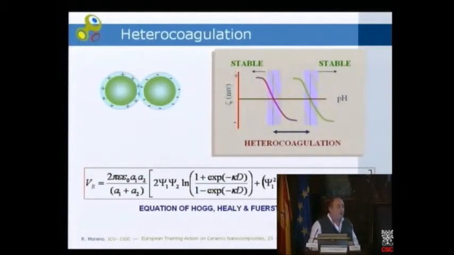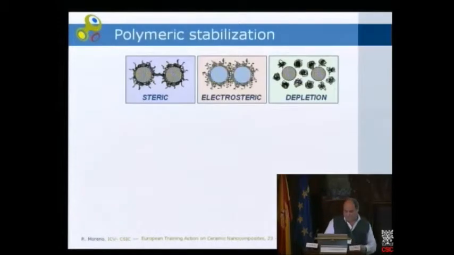This will be useful when we want to cover one kind of particles by other different particles. For example, for mixtures of submicronic material by nanometric materials, as those presented yesterday by Professor Moya.